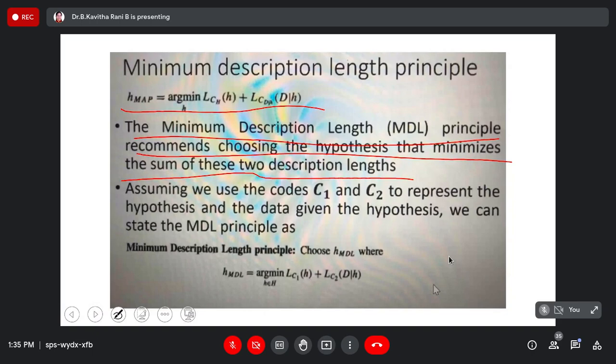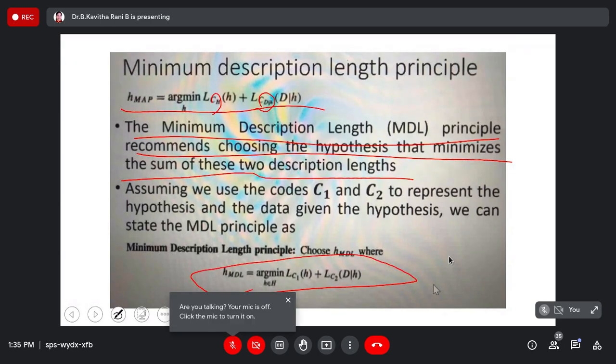We can assume C(h) as C1 and C(D|h) as C2. Then we replace, and we get this formula. So this is the formula for minimum description length, which is used to decrease the length of the hypothesis. So this is about minimum description length.